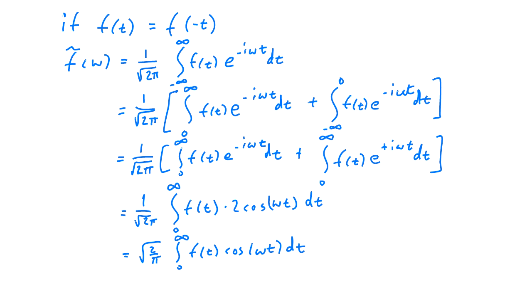So for an odd function, let's say I had f of omega equal to, or sorry, before I get to the odd transforms, I want to show you something else.